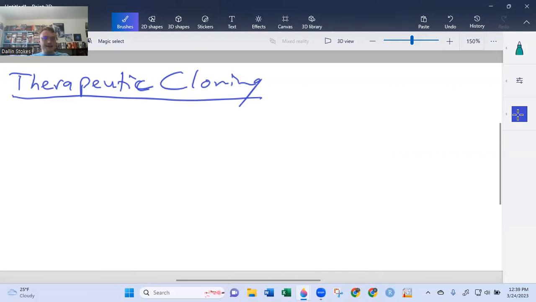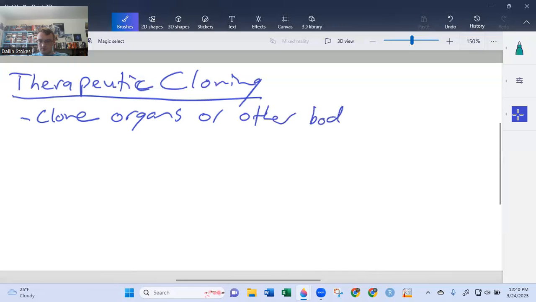Therapeutic cloning, the idea here is, rather than cloning an entire individual, I'm going to clone part of an individual. So I can clone organs or other body parts. So once again, it's not a whole person, it's part of them.